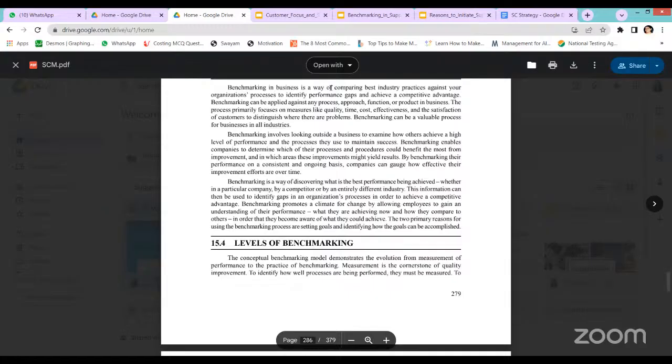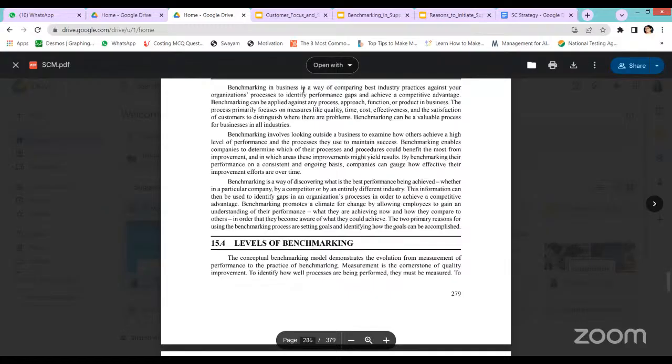Next time you are going to aim for 70 marks. So what do you do? You will not go with the same preparation. No, you will identify where you are lagging, what the gap is, that you are missing those 10 marks, and how to improve. So you will change your practices again. You will understand the performance gaps and try to achieve your competitive advantage to reach your targeted marks.